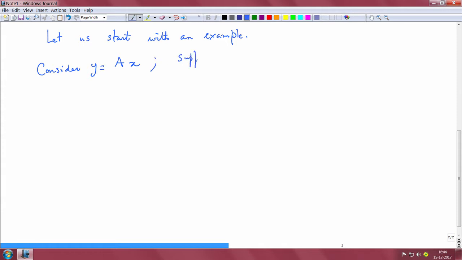Suppose A is a 2 by 2 matrix and x is a column vector, and this is, suppose, 2 by 1, right. So, let us just compute these quantities.